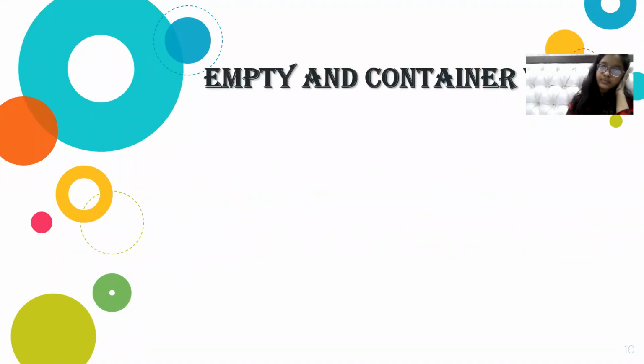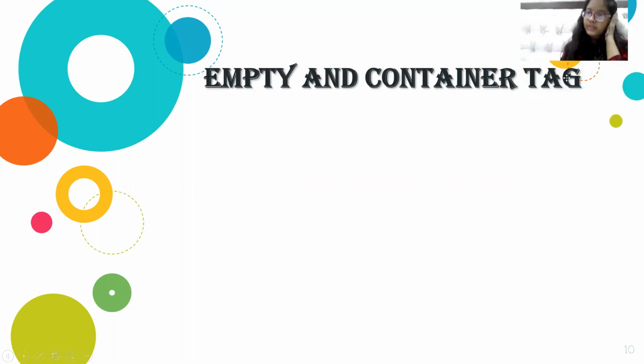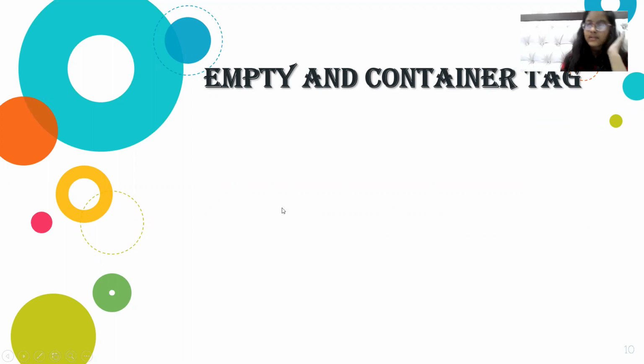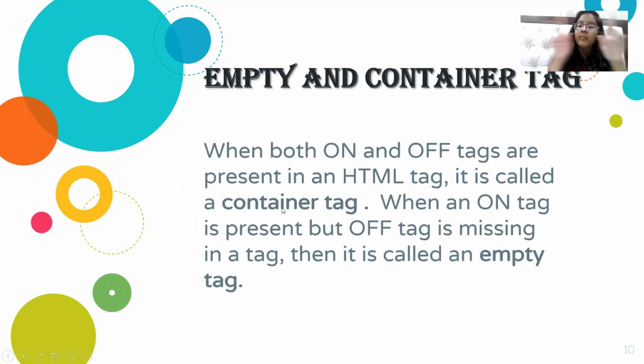Now there are some rules. First we will see empty and container tags. When both on and off tags are present in the HTML tag, it is known as a container tag. But when only the on tag is present and the off tag is missing, it is called an empty tag. Easy.